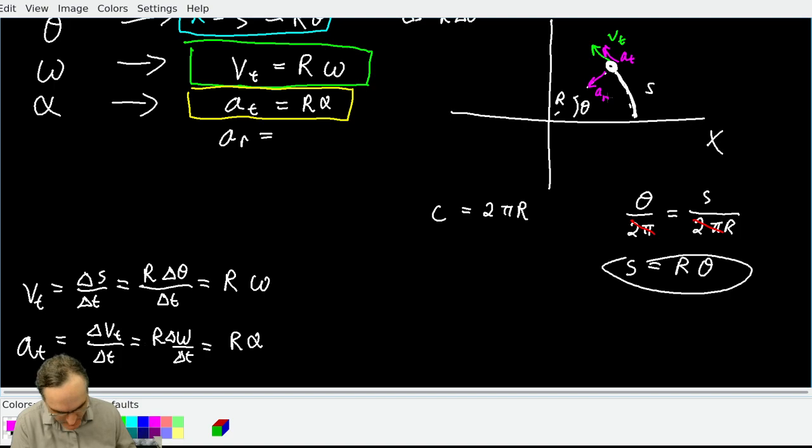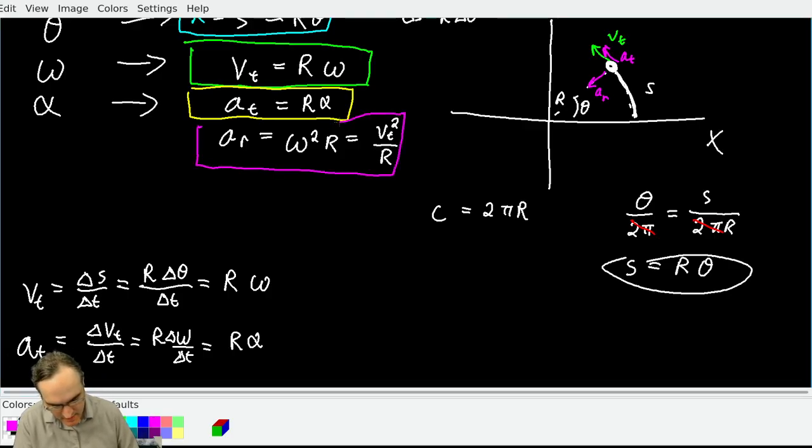And of course, some textbooks consider the radial component to be the opposite in sign of the centripetal, but our book considers them to be the same. So here we would just say this is omega squared times r. Or if you prefer, it would be the tangential speed squared divided by r. If you square out r squared omega squared divided by r, you get r omega squared. It ends up being the same thing.